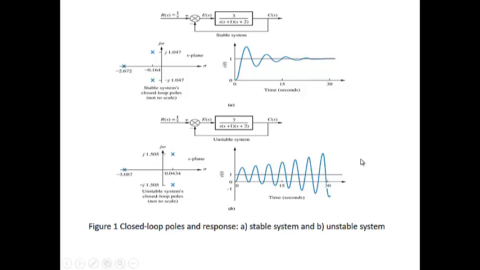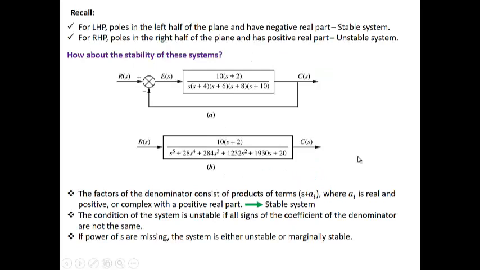Okay, we continue. So we go to the graph, to picture A here first. How about the stability of the system? How do we want to know whether the system is stable or not?